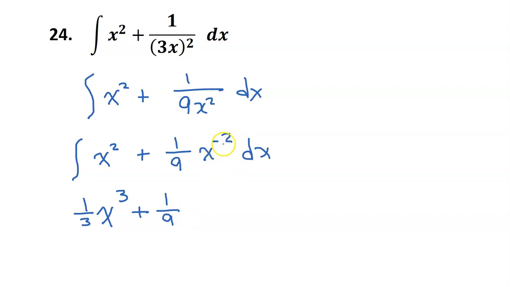Increasing this power by 1 gives us x to the negative 1 power. Dividing by that negative 1 is just going to change this positive 1/9 into a negative 1/9. And then the constant of integration. So that's actually much easier than doing any kind of u-substitution.